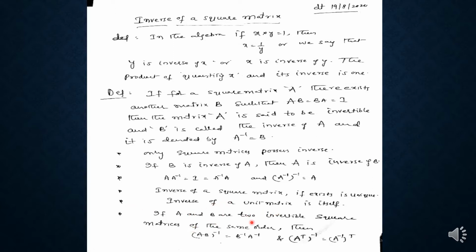If A and B are two invertible square matrices of the same order, then we can write AB whole inverse, the inverse of the product of A and B, is equal to B inverse into A inverse, the inverse matrix of B into the inverse matrix of A. Similarly, if A, B, C, D, E, F are square matrices of the same order, then we can write ABCDEF whole to the power of minus 1 as F inverse, E inverse, D inverse, like that.